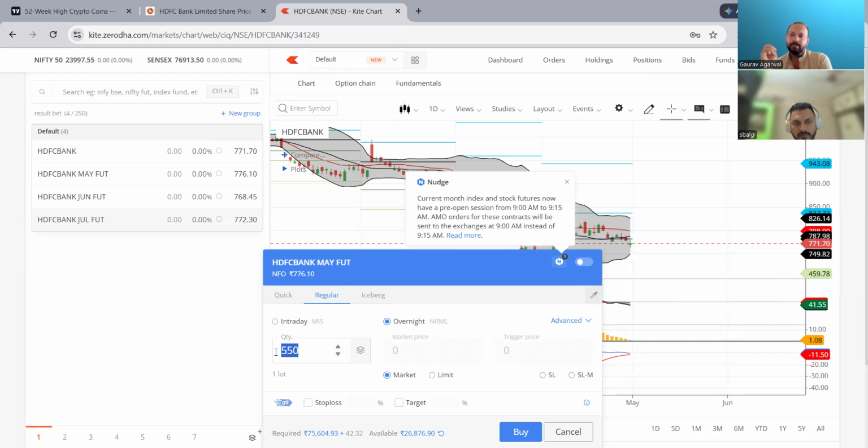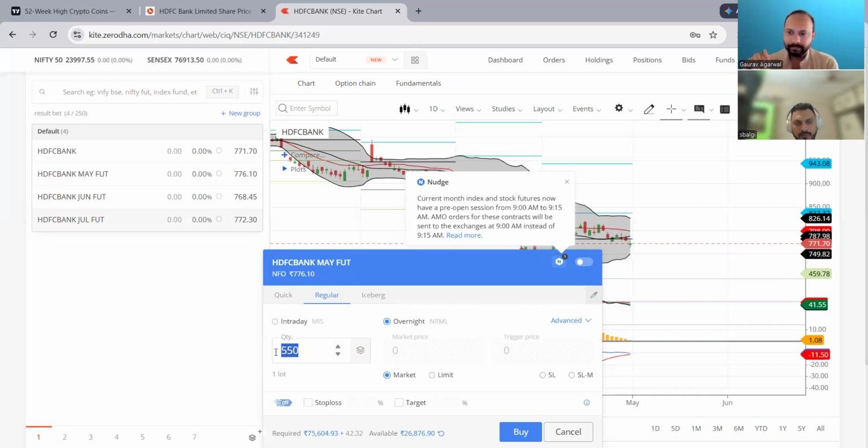So at the end of expiry, you will be in a profit of 550 into 14. And if the price goes to 756, then you will be in a loss of 550 into 20. So that way it works based on the lot size. You have to minimum buy 550, or you have to buy 2 lots, 3 lots, 4 lots, 5 lots, like that it will work in futures.